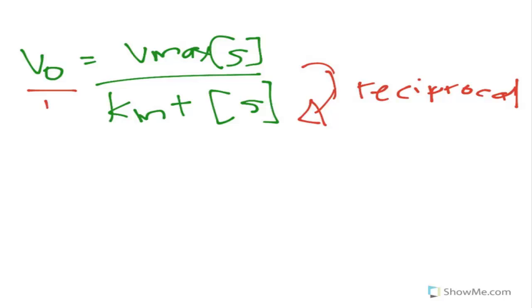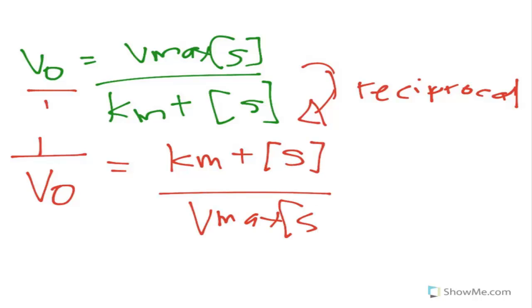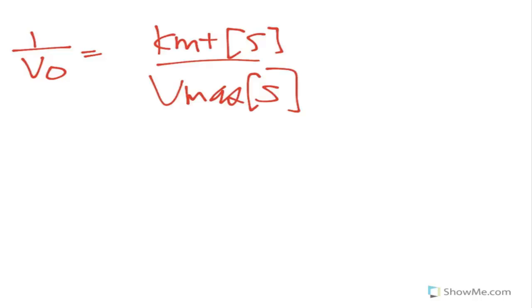So V0 over 1 becomes 1 over V0, which equals Km plus substrate concentration over Vmax multiplied by your substrate concentration. So basically you're just inverting the fractions. I don't have space here, so I'm just going to do the same thing on the other side. So 1 over V0 equals, basically what's on the previous slide.